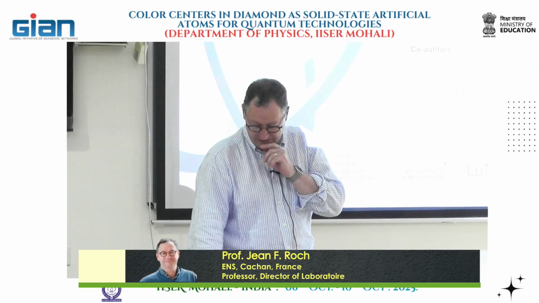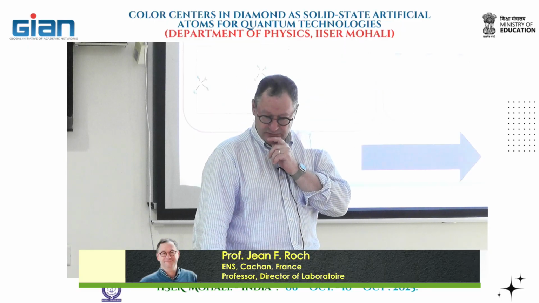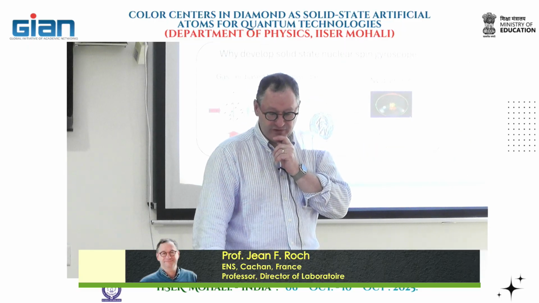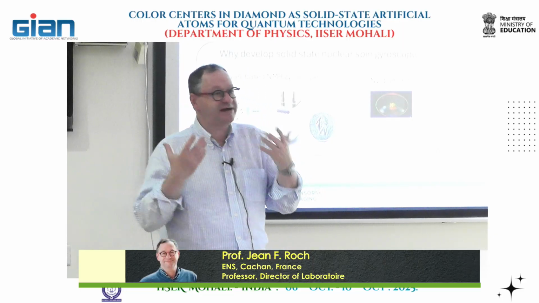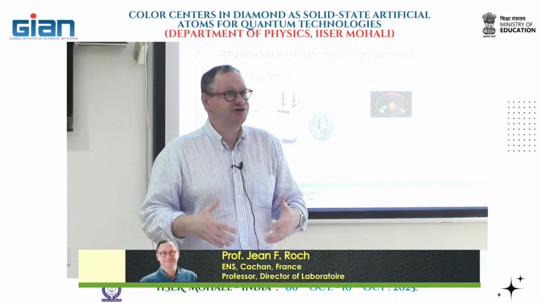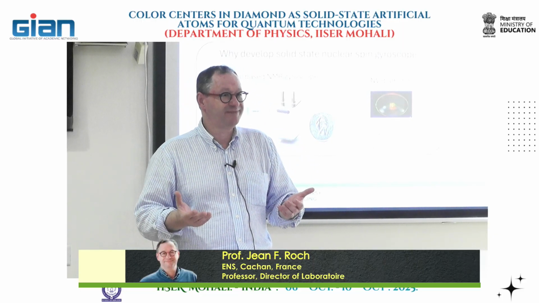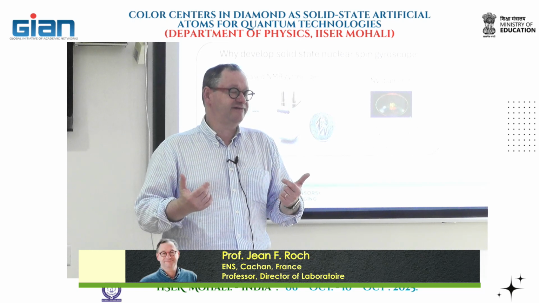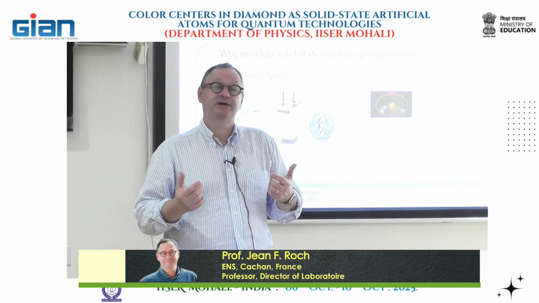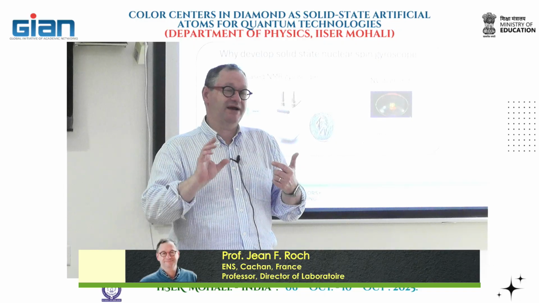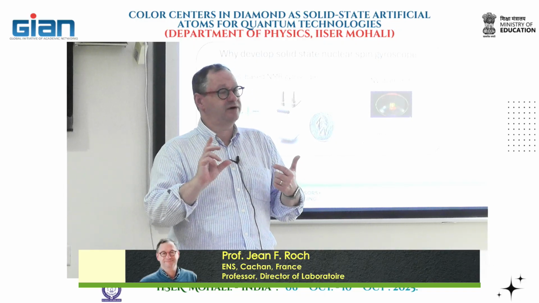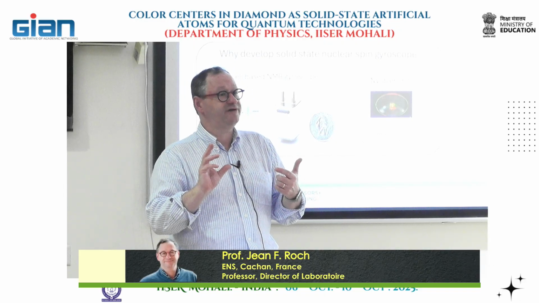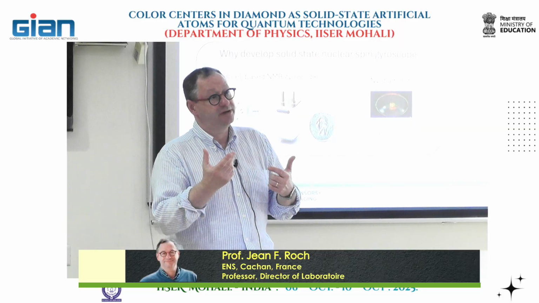There was a beautiful experiment a few years ago where people tried to observe, basically if you have a magnetometer, you actually have at the same time a gyroscope. And the reason for that is, if you have a gyroscope, something that you want to be sensitive to a rotation, okay?